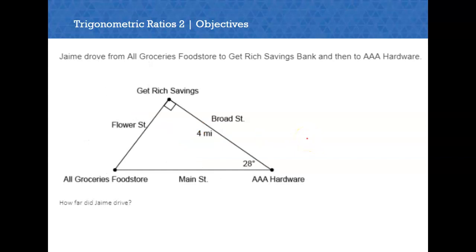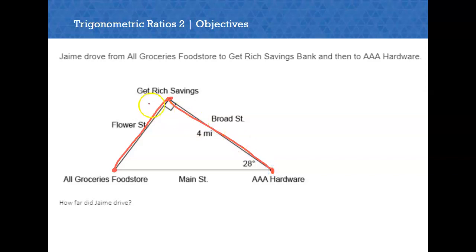Let's look at another. Jamie drove from All Groceries food store to Get Rich Savings Bank and then to AA Hardware. How far did Jamie drive? Okay, so she drove from All Groceries food store to Get Rich Savings and then to AA Hardware.